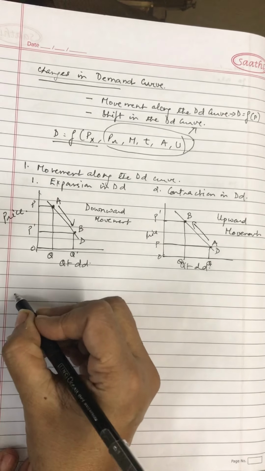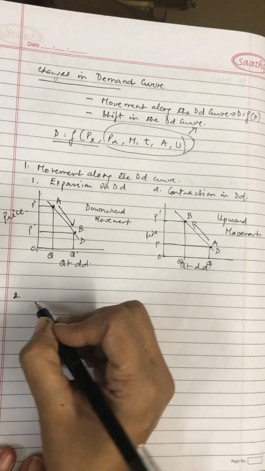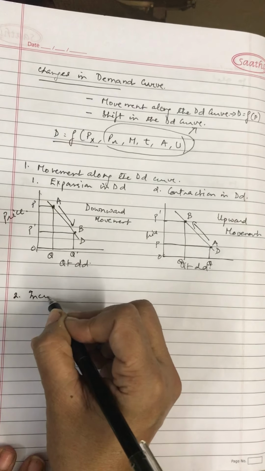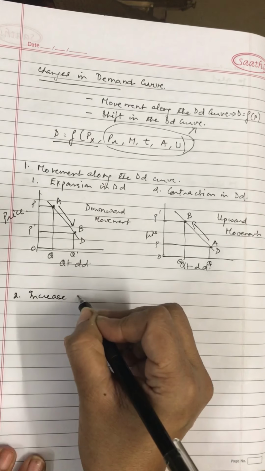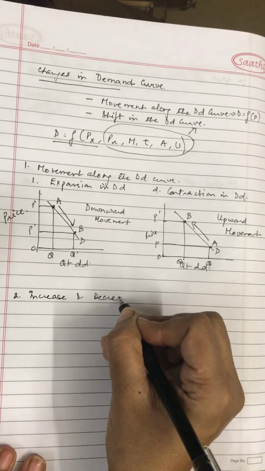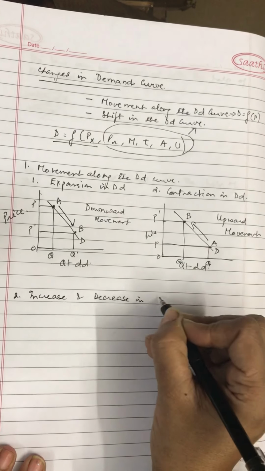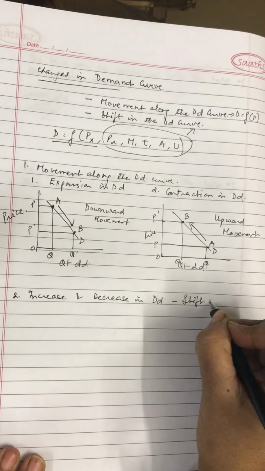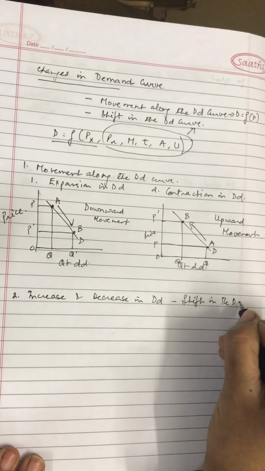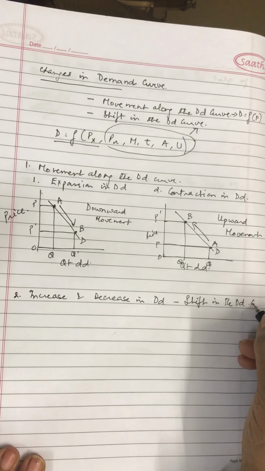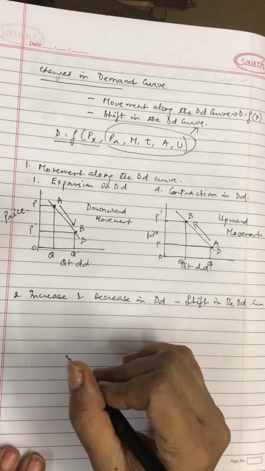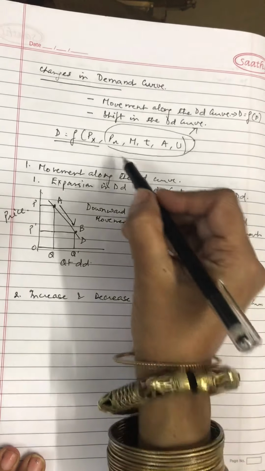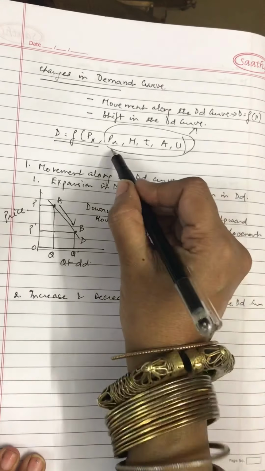Okay, the second thing that we have is increase and decrease in demand, which happens due to a shift in the demand curve. In this case, the whole curve will either shift towards the right or towards the left, and it is because of these factors changing.